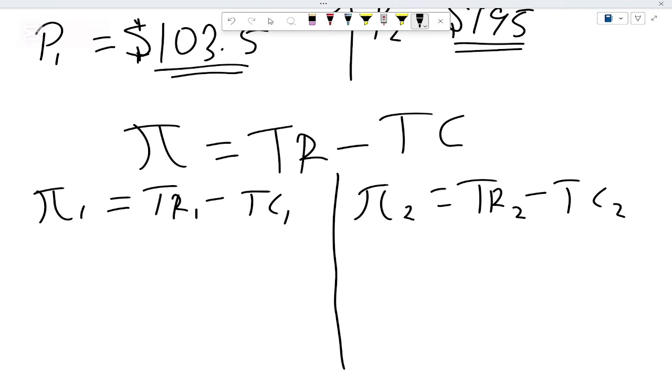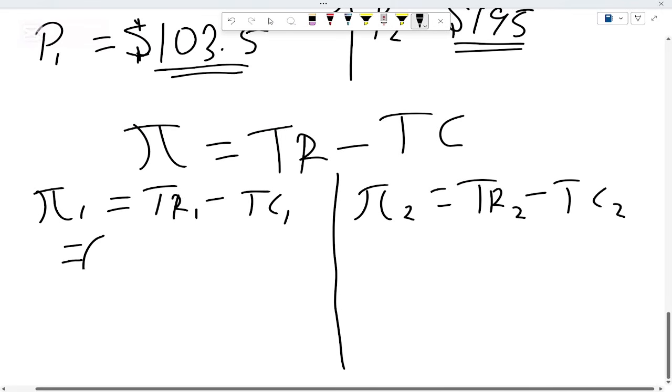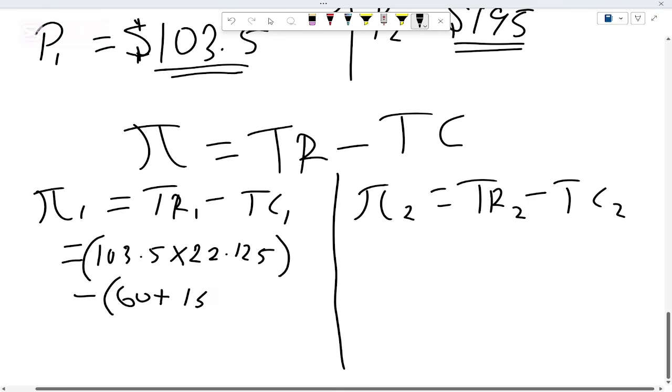TR is price multiplied by quantity. So you have $103.5 multiplied by the quantity 22.125, all in bracket, minus or subtract the total cost from it, which is 60 plus 15 multiplied by 22.125.